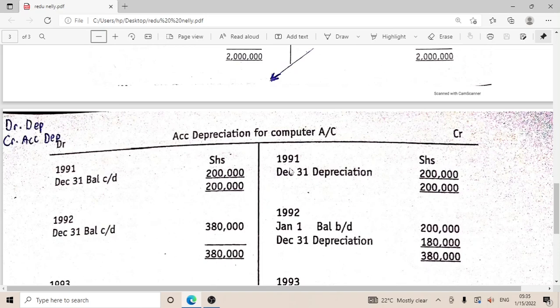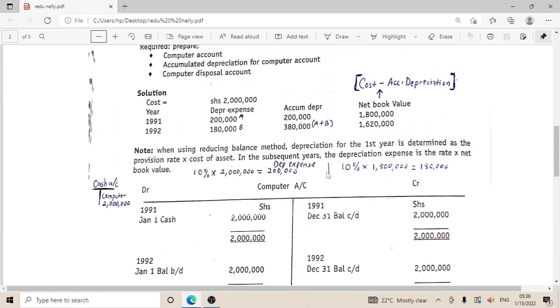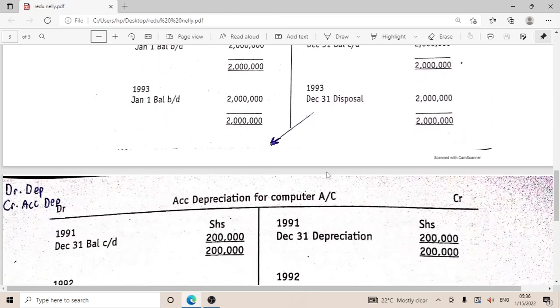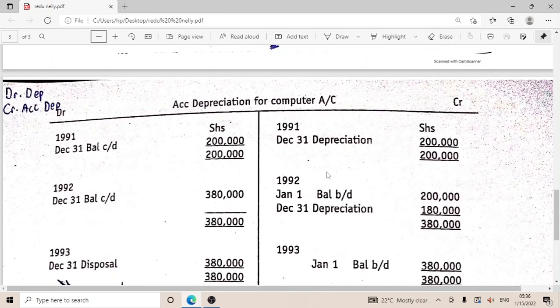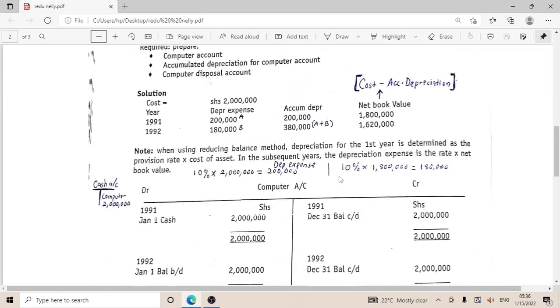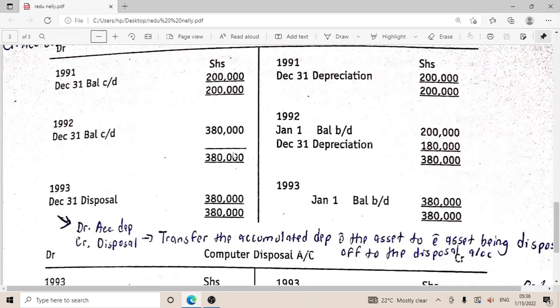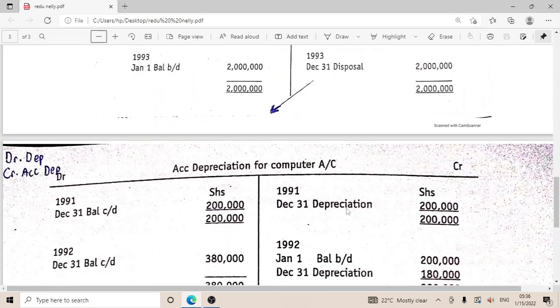So you automatically come on the credit side of the accumulated depreciation for the computer, and then you say 31st December 1991, there was depreciation, and we know in our first year we had a depreciation expense of 200,000. So you go on the credit side, you say depreciation of this.